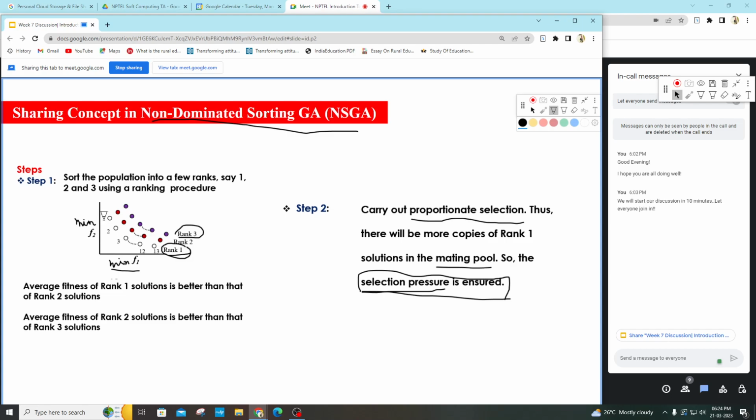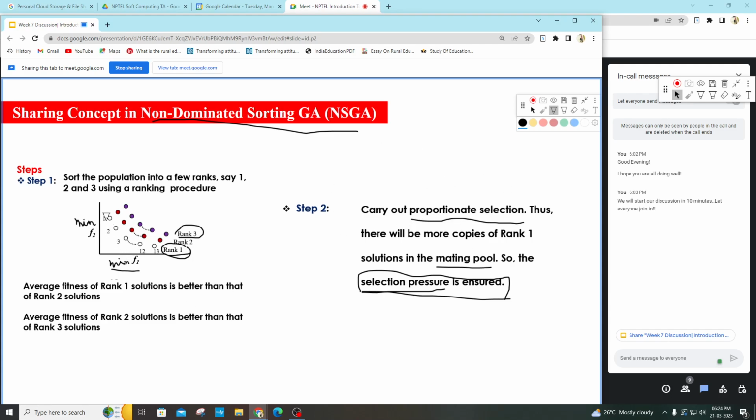Within this Pareto optimal front, you can see the points 4 to 12 are very close to each other, and points 1, 2, 3 and 13 are far away from each other.